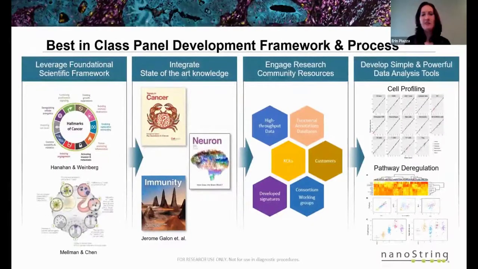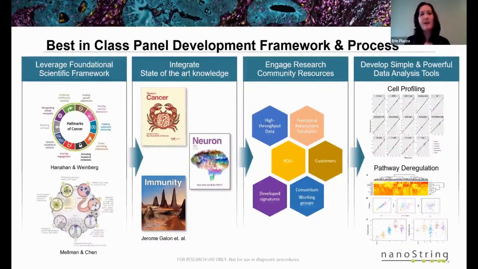And so for developing this panel, we started with our best-in-class panel development framework process. This process starts with foundational scientific frameworks, at least where they exist. Fortunately, in oncology, we can rely on the Hanahan and Weinberg hallmarks of cancer, which, as you know, is kind of a foundational and complete framework for thinking about questions in oncology.